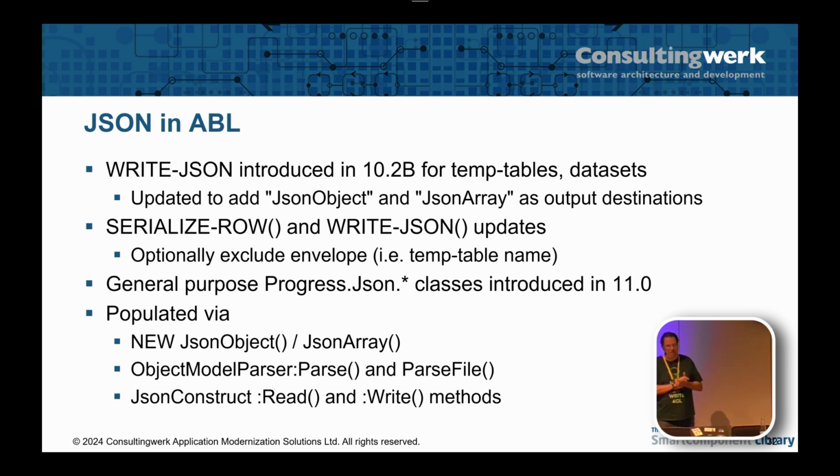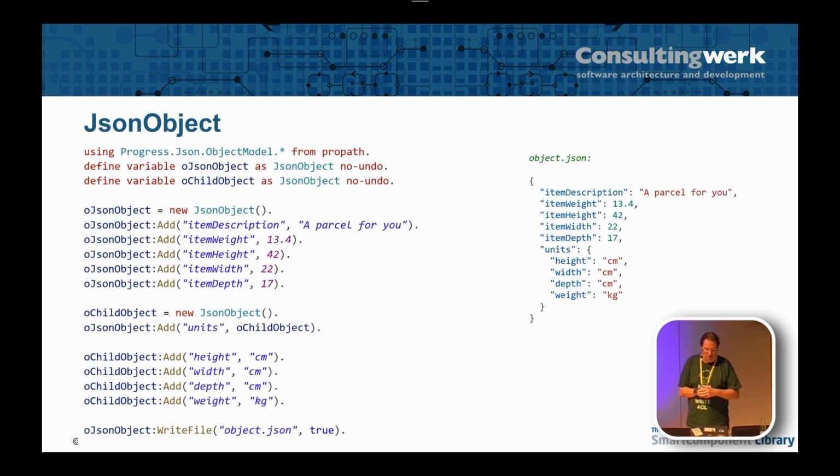With the JSON and the ABL, like I said before, we're not using the temp table JSON methods that often because the progress.json classes are way more flexible to use. So then it would look like that. We create a JSON object, add some properties there, a nested JSON object in the middle.